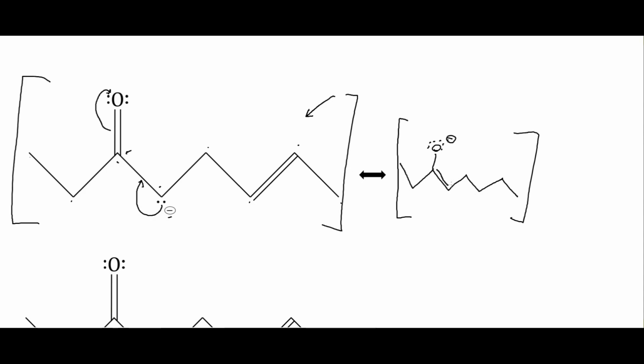And the other thing that has to be true of these resonance structures is that you are not moving any atoms around within the molecule. So, if we have these hydrogens on here, you couldn't do something that would cause that hydrogen to move over there. The position of atoms within the molecule cannot change in the resonance structures.